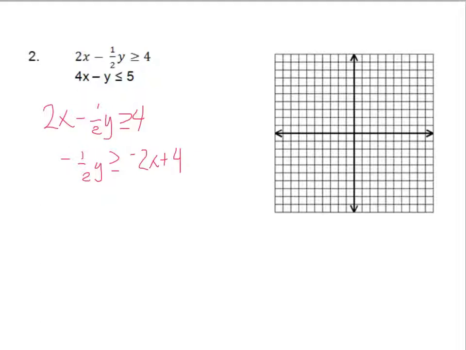Multiply both sides by negative 2 to get rid of that negative 1/2. I have to flip my inequality since I multiplied by a negative 2. So that's y is less than or equal to positive 4x minus 8. So down 8.